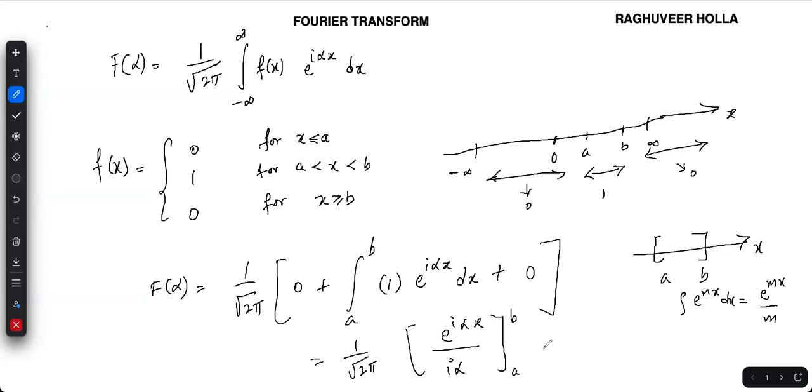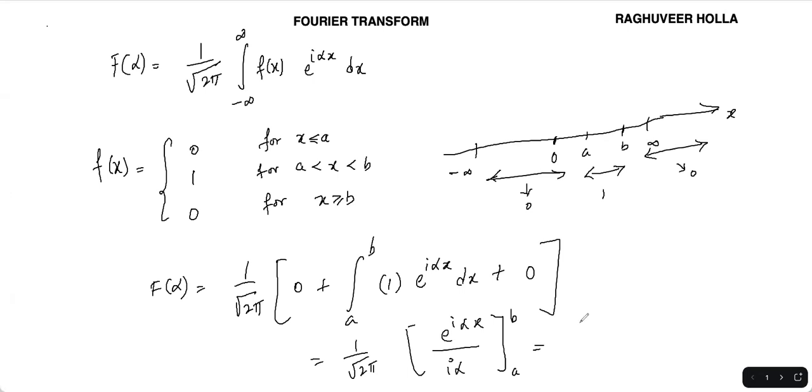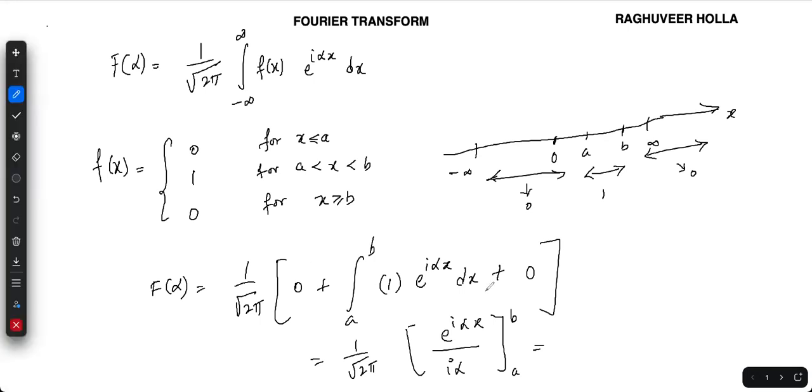So writing b and a, this is 1 by root 2 pi, e to the power of i alpha b minus e to the power of i alpha a, by i alpha.